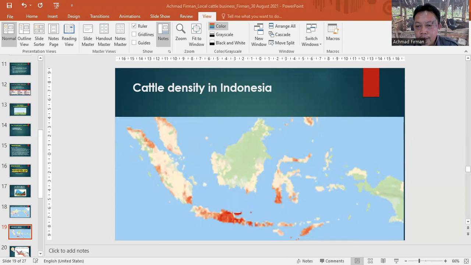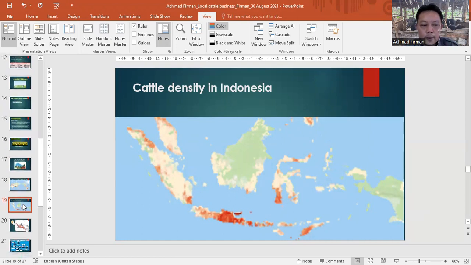Therefore, every year Indonesia imports about 700,000 head of cattle and 100,000 tons of frozen meat from Australia. But today Indonesia can import frozen meat from India, and in a short time Indonesia will also import frozen meat from Brazil.